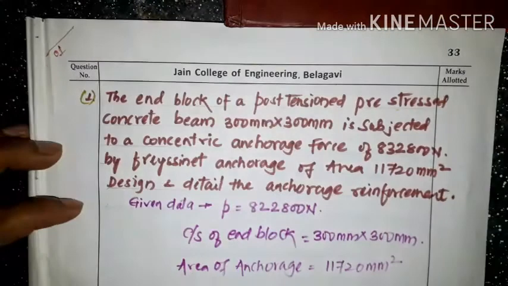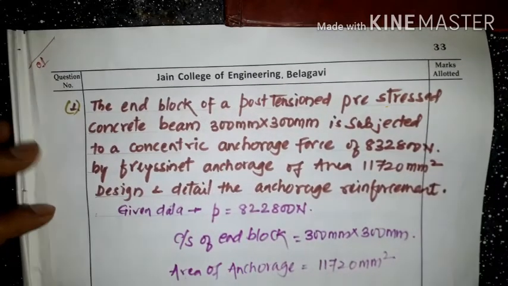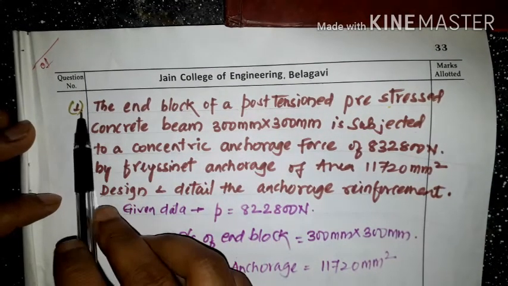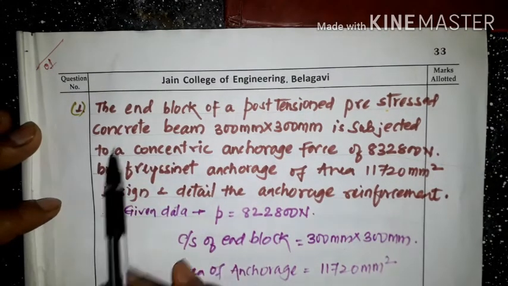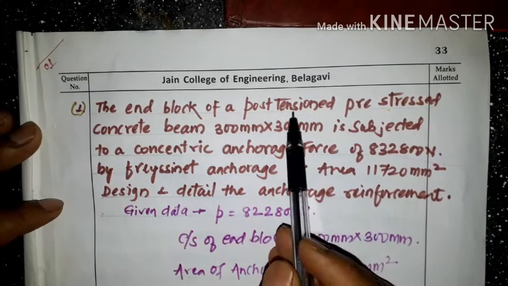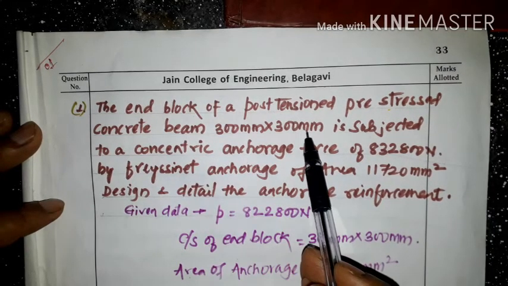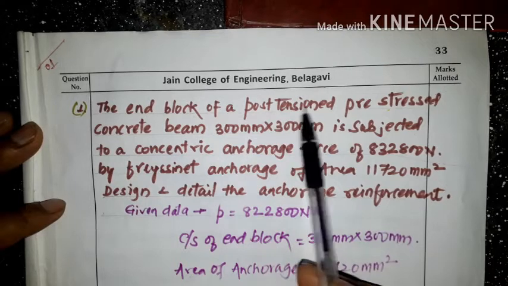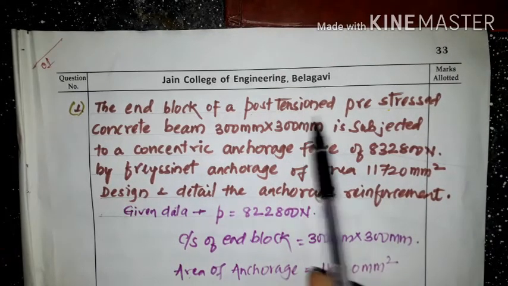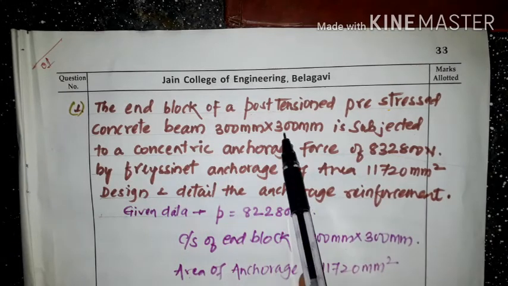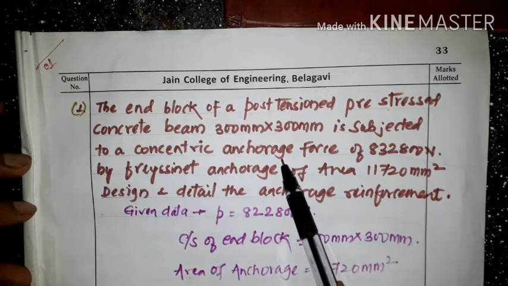So here it is given as problem number 1 on the design of an end block. The end block of a post-tensioned prestressed concrete beam, 300 mm by 300 mm, is subjected to a concentric anchorage force.